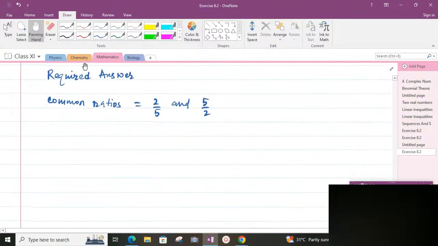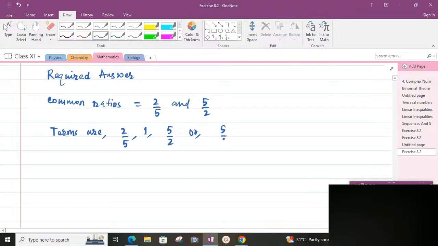And the terms are 2 by 5, 1, 5 by 2, or 5 by 2, 1, 2 by 5. Hope there is no problem to understand the solution of this question. Let's see the next question.